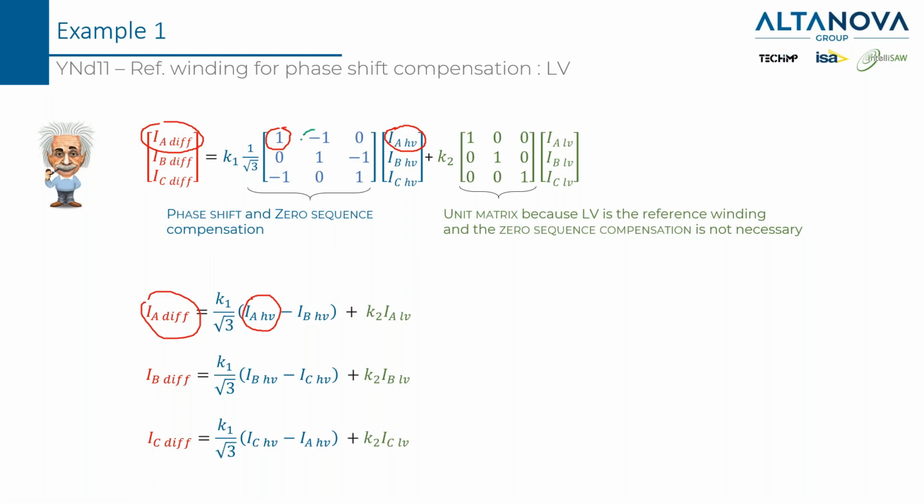Then this element must be multiplied by this element, and then we have this element. The third one is not present because it's multiplied by 0, so it's not present in this formula, and so on.